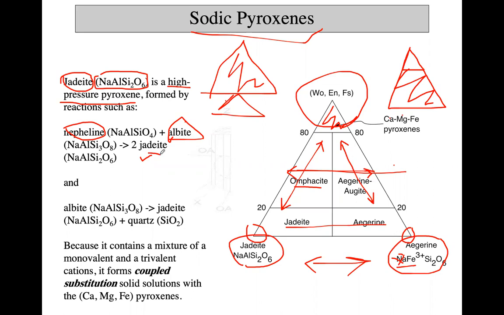So that is a typical composition, or in other words, albite, that is a feldspar, reacts with quartz, SiO2, to form jadeite. That is also possible under high pressure condition, when the rock is subducted to deep levels.